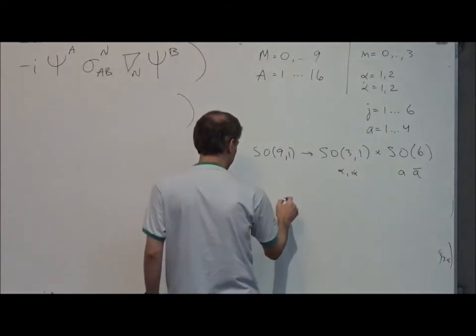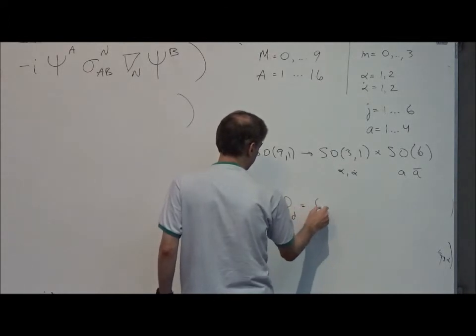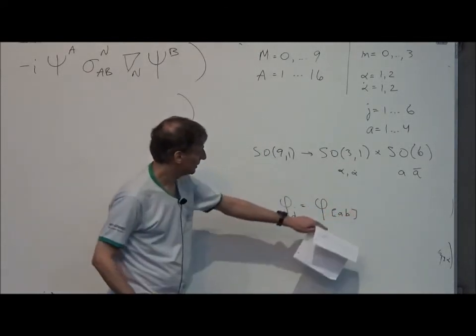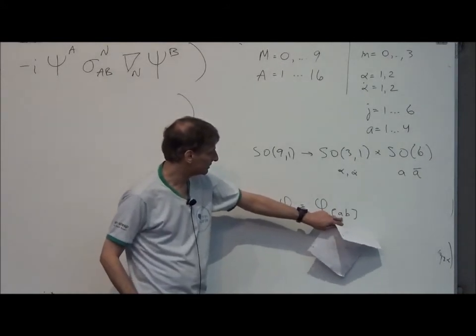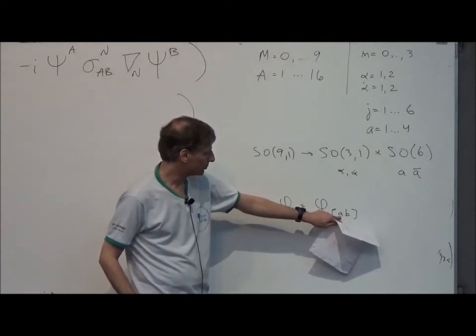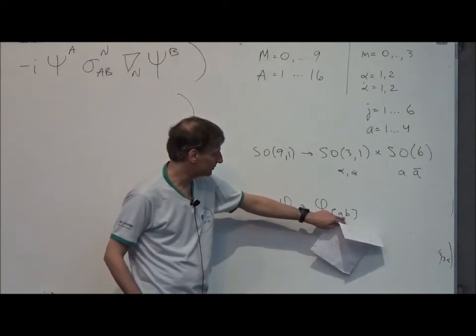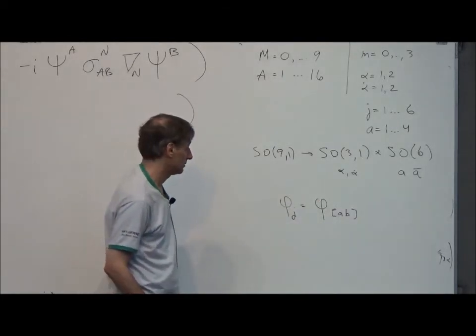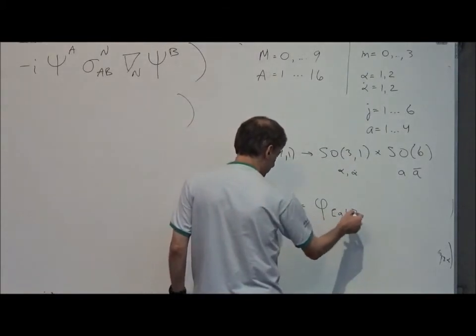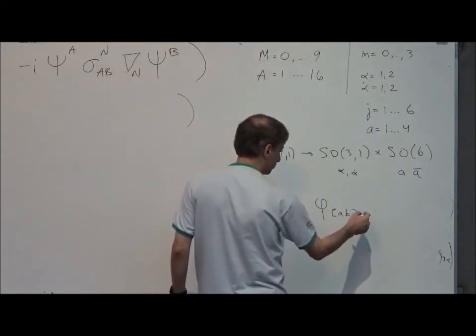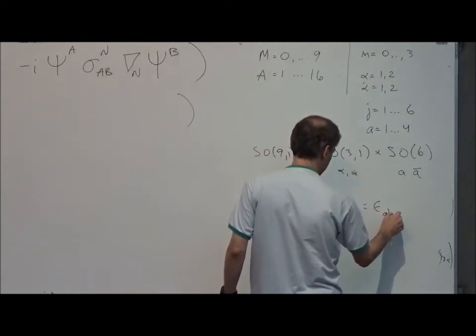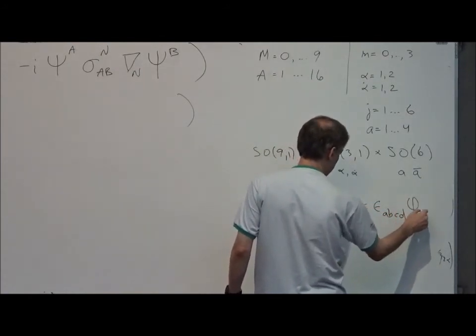It turns out that phi J, I can write something which is antisymmetric in these SU(4) or SO(6) indices. So since A equals 1 to 4 and B equals 1 to 4, if I antisymmetrize, there are 6 different components here. And it turns out that I can also write it in terms of A bar, B bar. It turns out to be epsilon A B C D, phi, C bar, B bar.